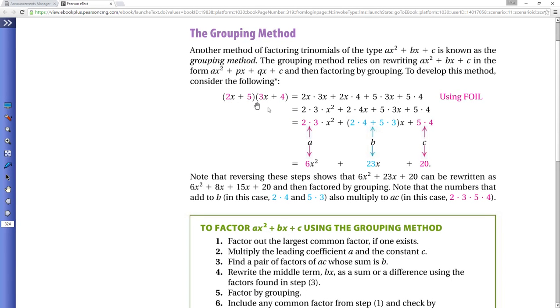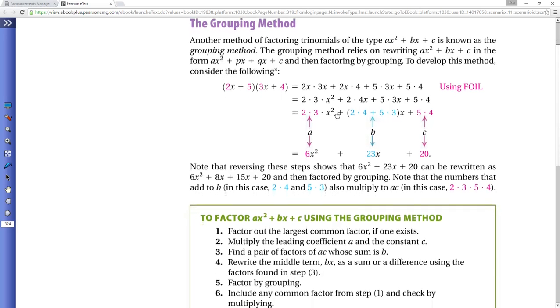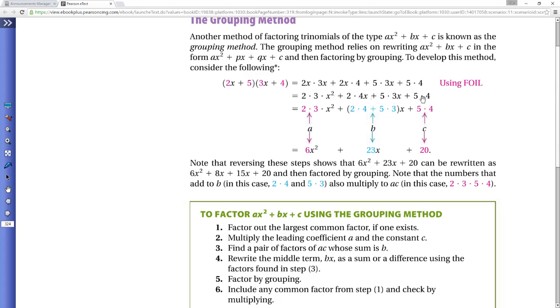They say, well, you take first times first, you get 2x times 3x in this case. And back here you get last times last, the L. Then you have outer times outer, 2x times 4, and inner times inner of 5 times 3x. Well, if I leave it all factored, I can change the order of my factors in a sense here.